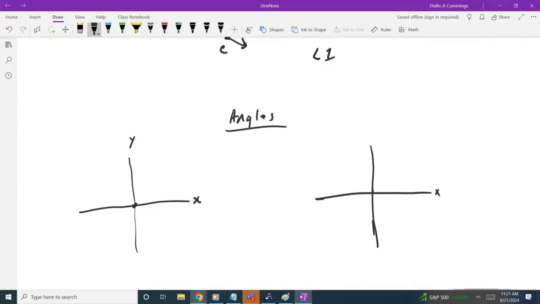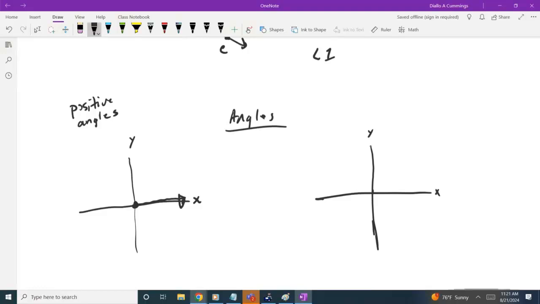So in both of these, we have both x and y axes. For positive angles, I'm going to draw my initial side. It's always along the positive x-axis. So all our angles start here.